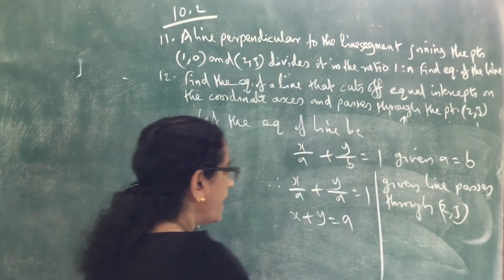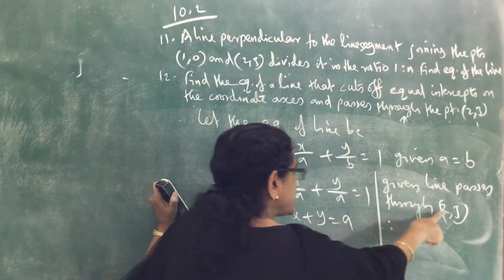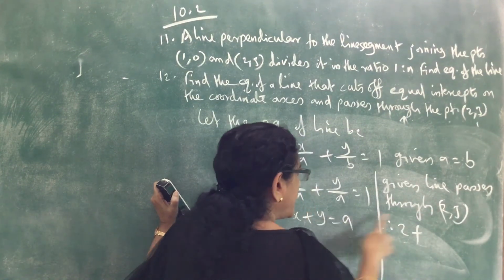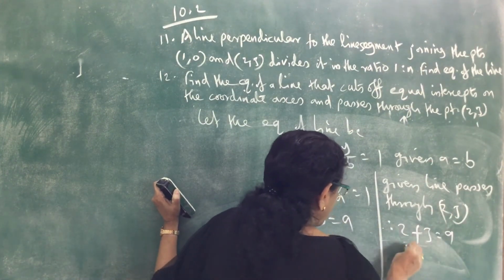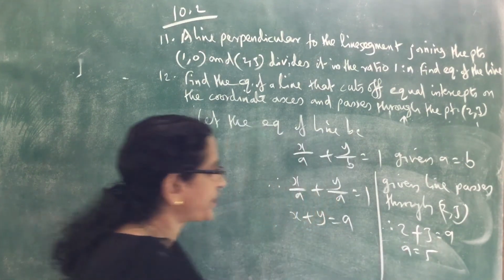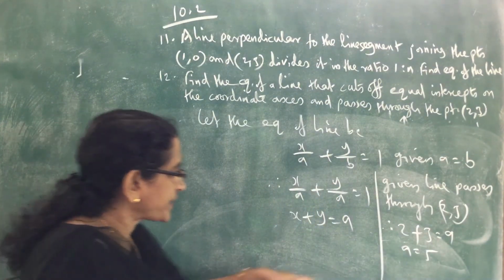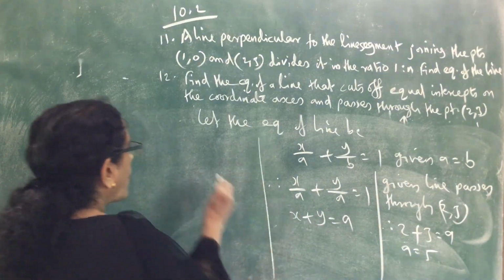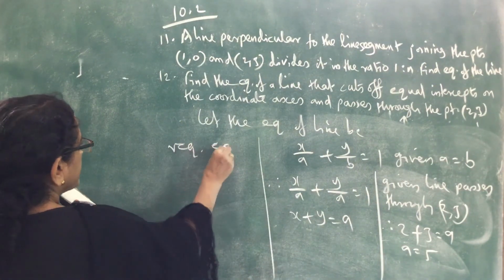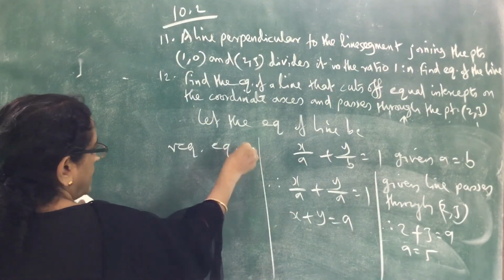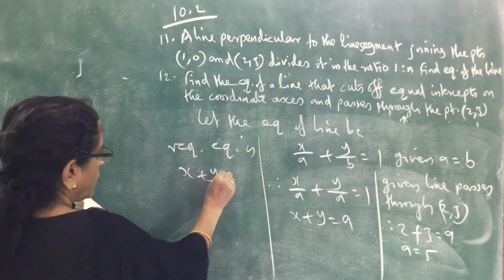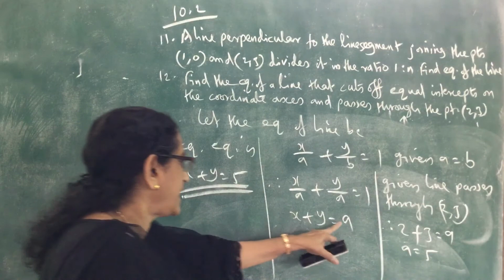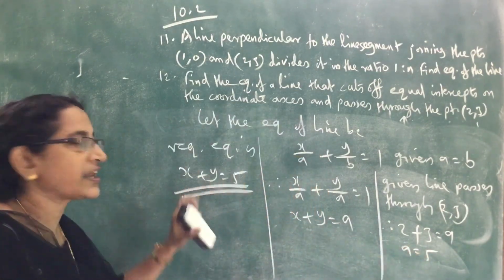Therefore, x, that is 2, plus y coordinate 3 equals a. So a equals 5, we got a as 5. Substituting that a in this equation, we get the required equation. Therefore, the required equation of the line is x plus y equals 5. That is the required equation of the line.